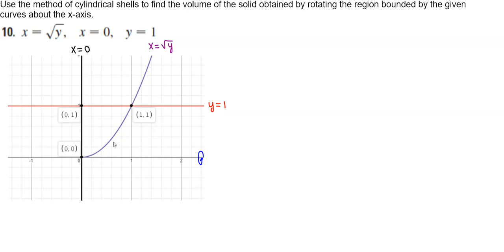We're going to take a piece from this region and then create our cylindrical shell. It's going to look like the following. So you can see that we're going to continue to draw the rest of the cylindrical shell.